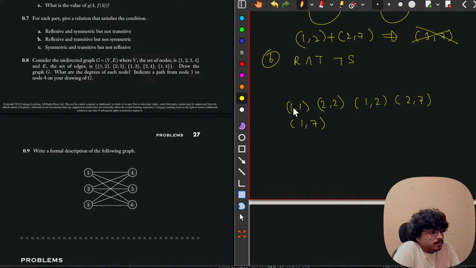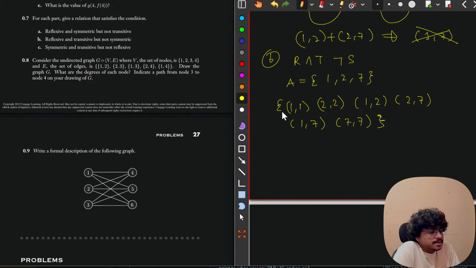Fine. Now the set is what? The set contains 1, 2 and 7. Okay. We have 1 comma 1, we have 2 comma 2, we have 7 comma 7. Now 1, 2, we don't have 2 comma 1, so it is not symmetric eventually.